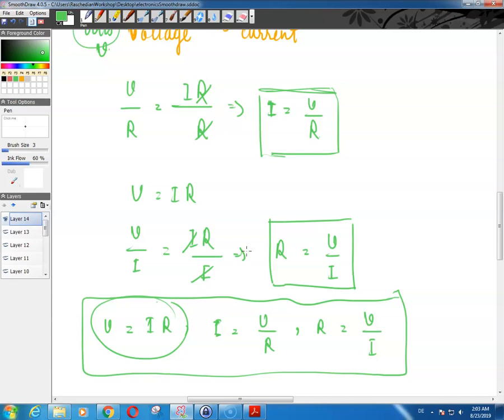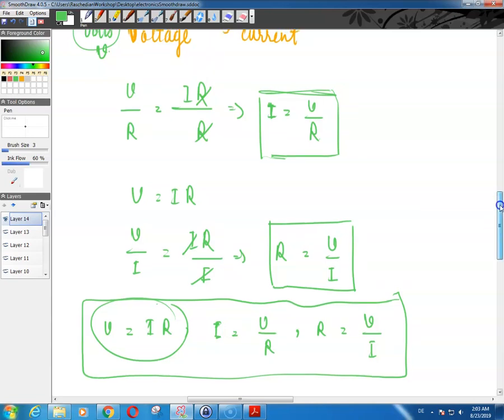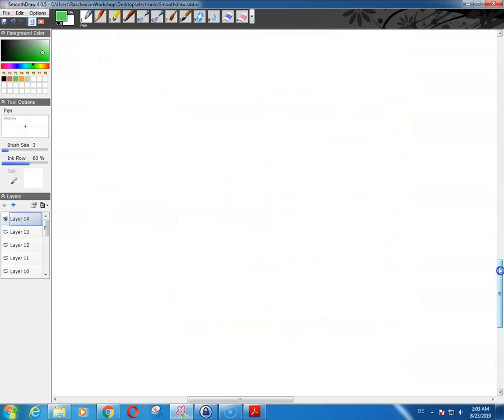Before we start solving these problems, I need to say a few words about rounding numbers.